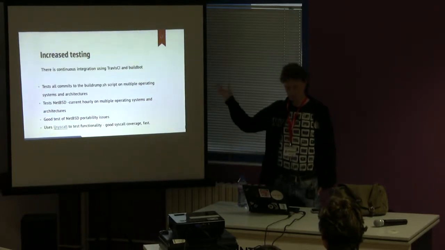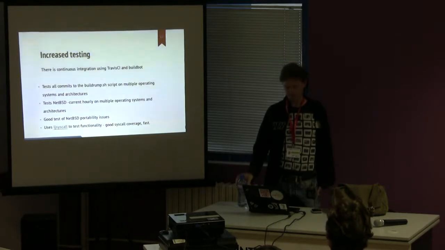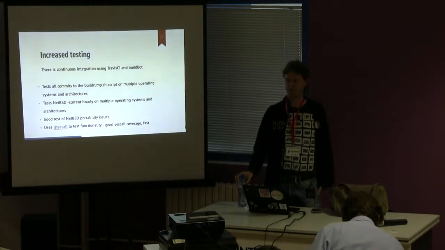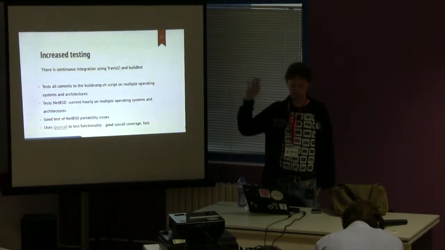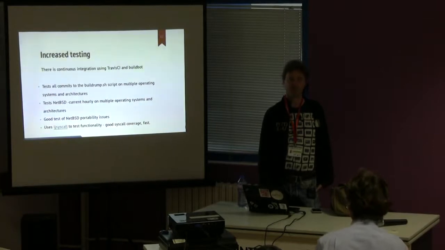So all those that aren't cross builds will run that, and that gives some extra confidence that someone hasn't broken something. Again, that's testing at the moment. I'll talk a bit later about the more testing that I want to do.